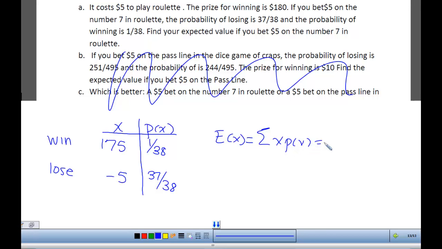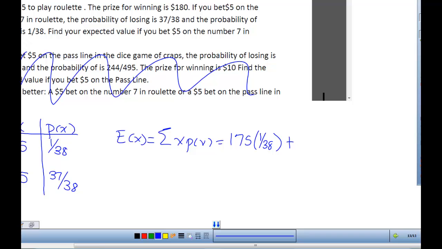So we're talking about 175 times 1 over 38 plus negative 5 times 37 over 38. So 175 minus 5 times 37.